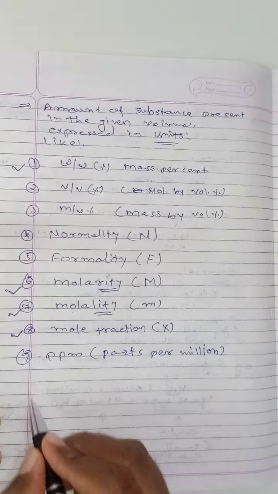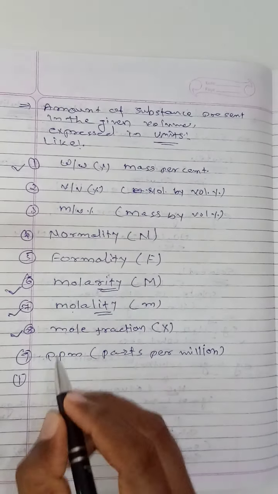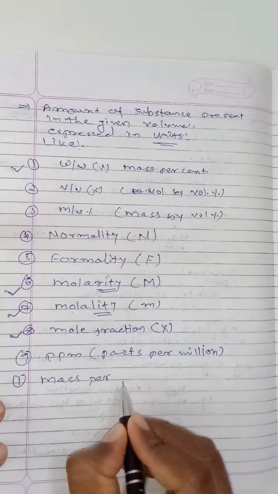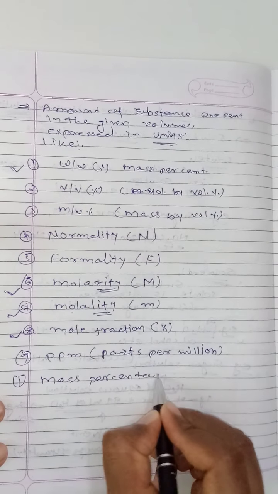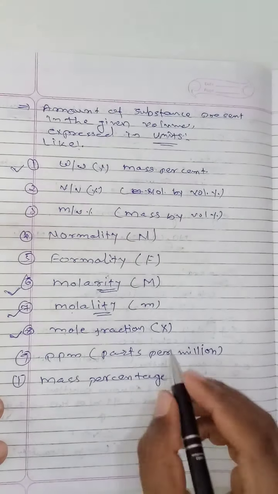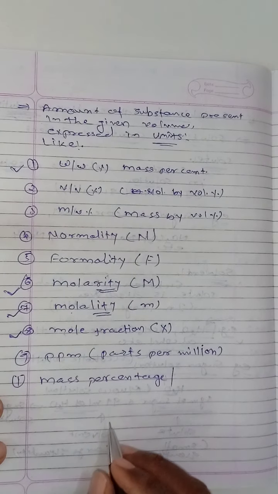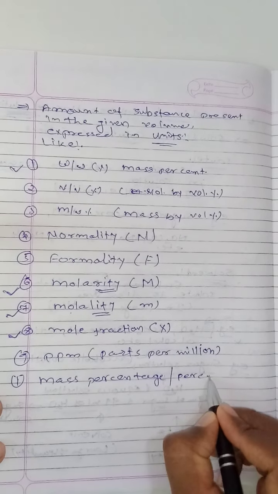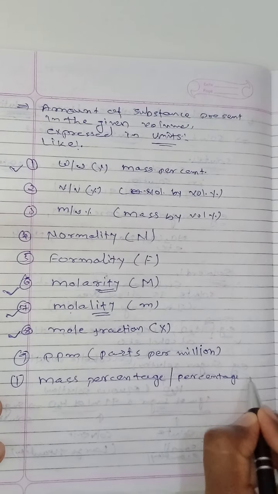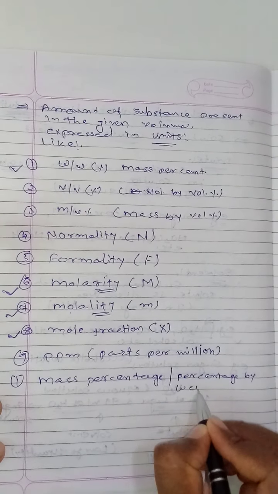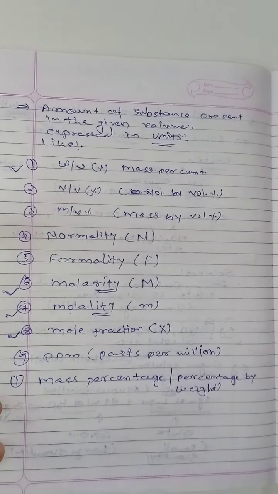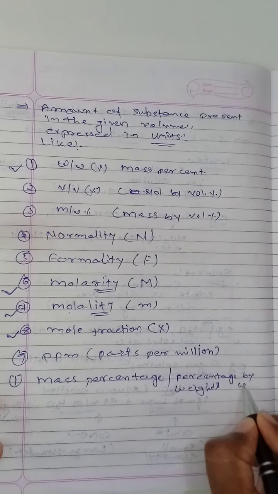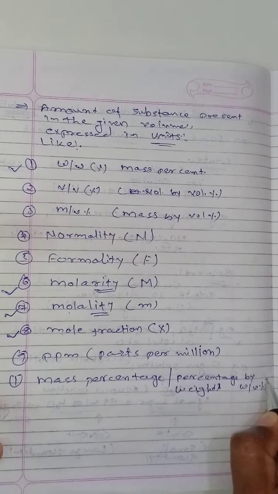Let's see number 1, mass percentage or percentage by weight, W by W percentage.